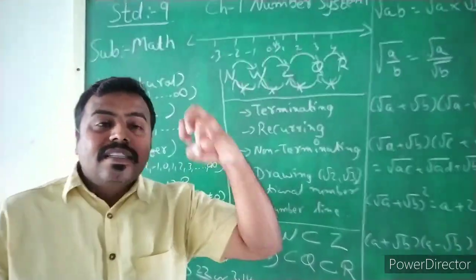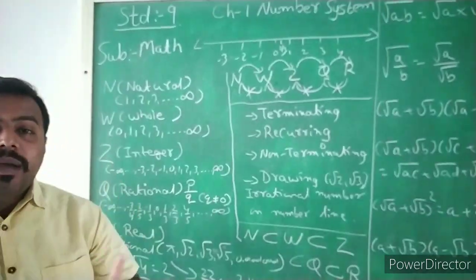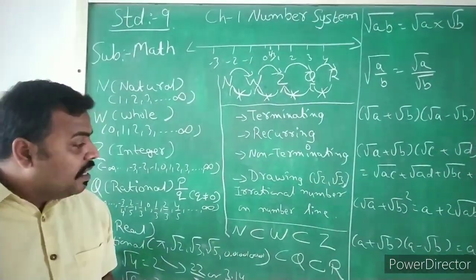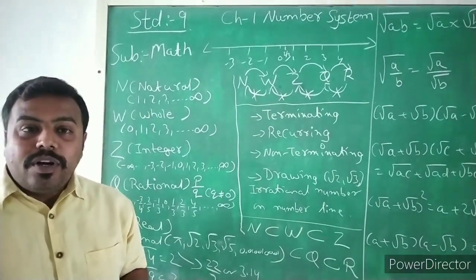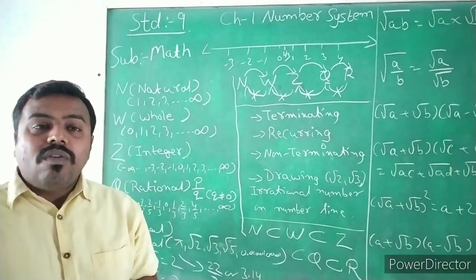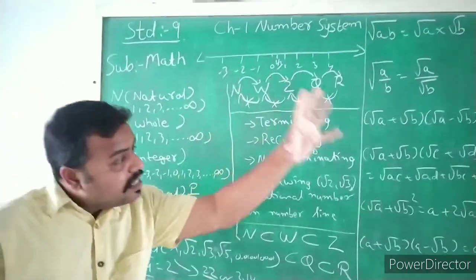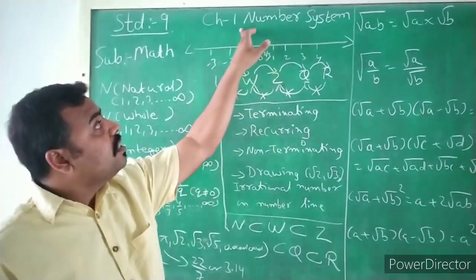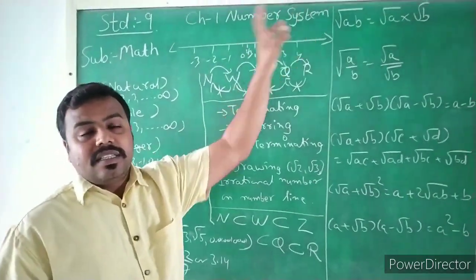So after understanding this concept, you will be able to solve exercise 1.2. This is basic for exercise 1.2, that we will discuss later on when we start solving the exercise. In this session, I am including all the basics that are required for this first chapter, that is number system.